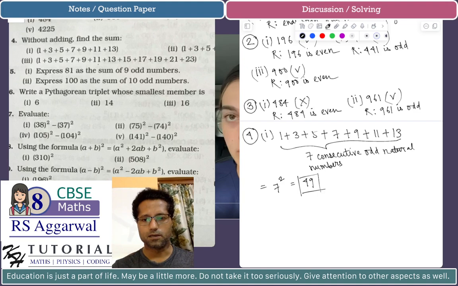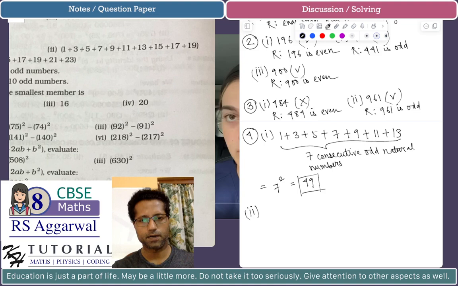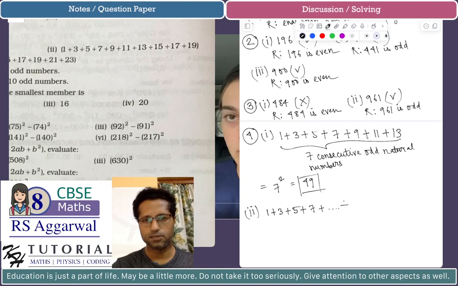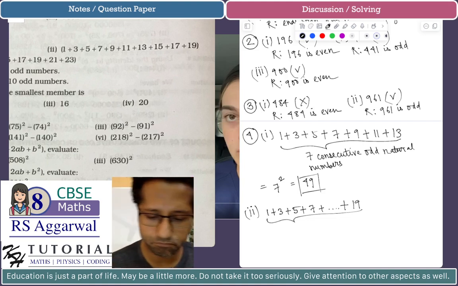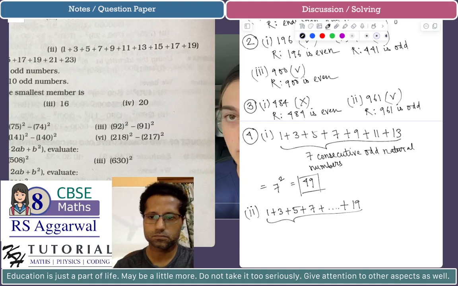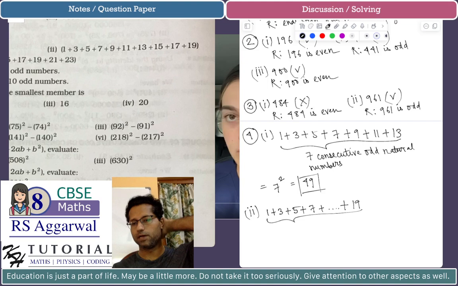Similarly, let's see the rest of the parts. This time part 2 is 1 plus 3 plus 5 plus 7, like this. It has addition up to 19. So how many consecutive odd natural numbers are here? Up to 13 we got seven consecutive odd natural numbers.